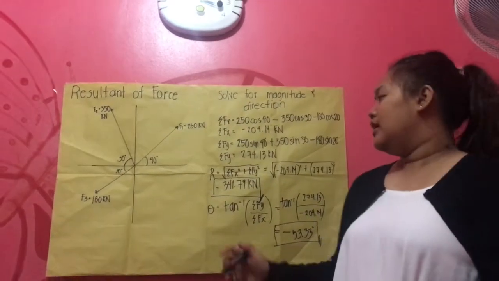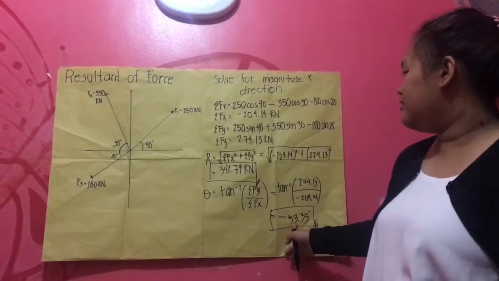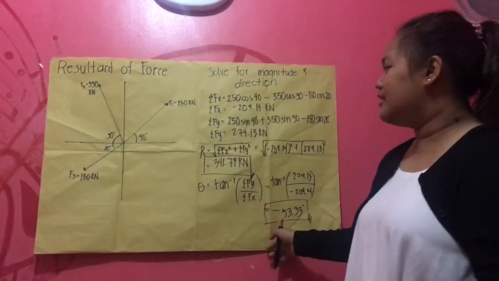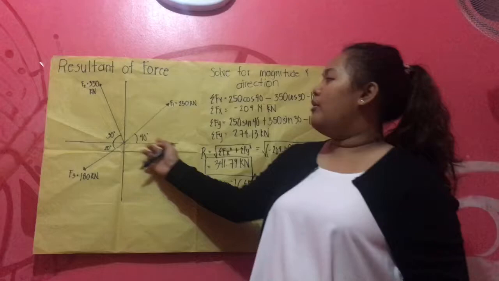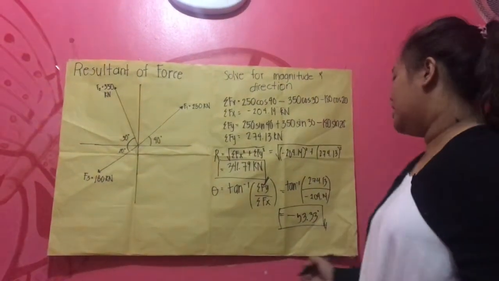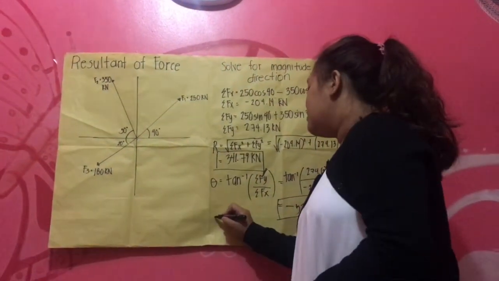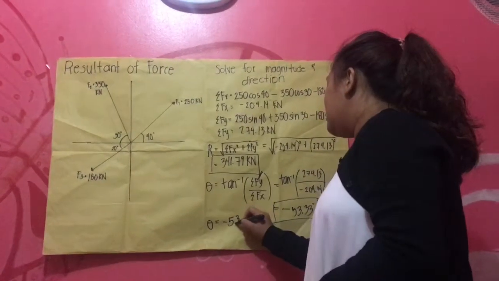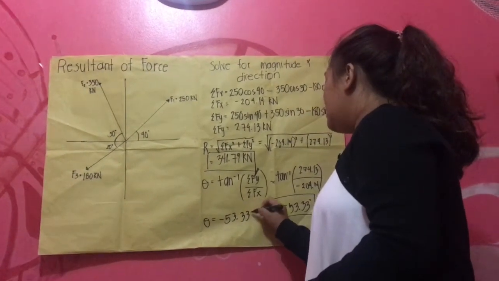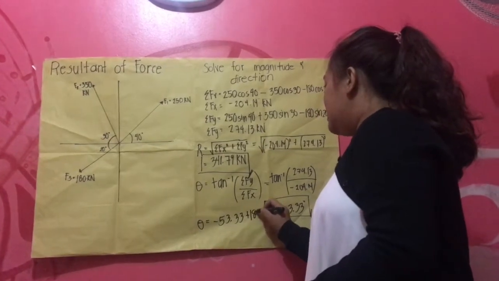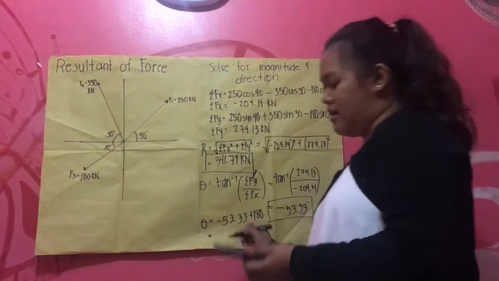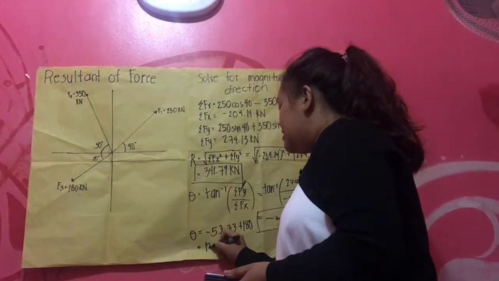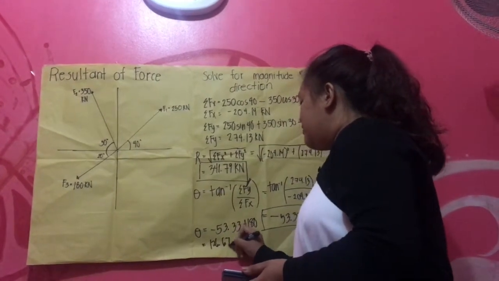So since we get a negative angle, we must add the negative angle to 180 since it is in the second quadrant. So negative 53.33 plus 180 would give us 126.67 degrees.